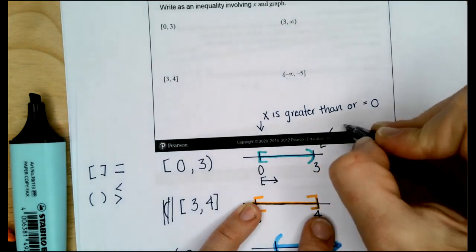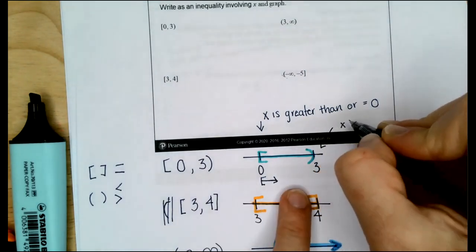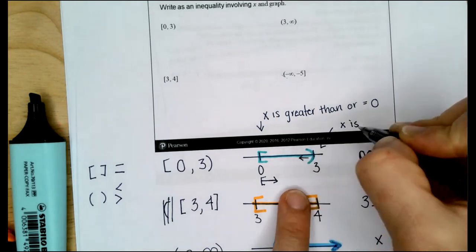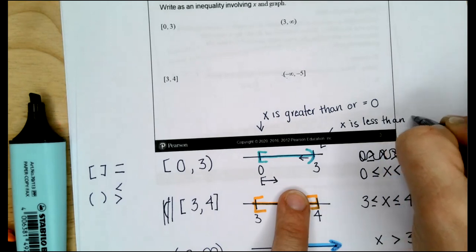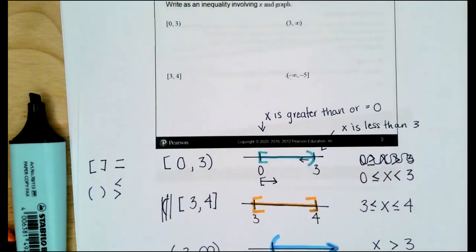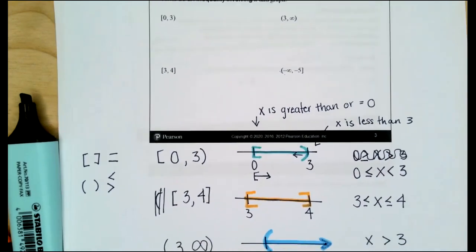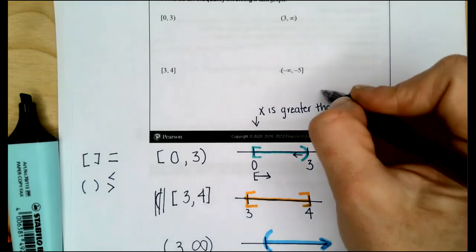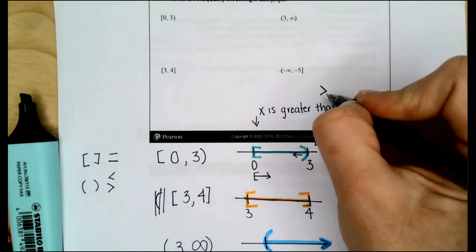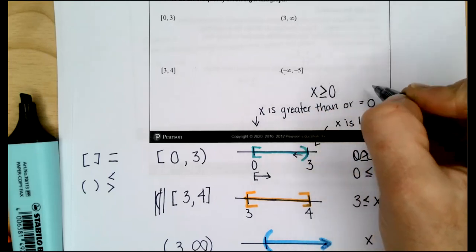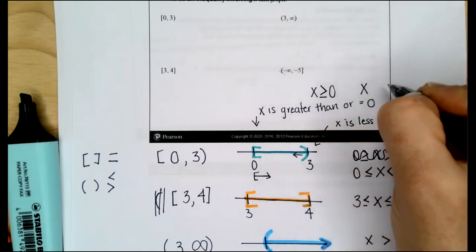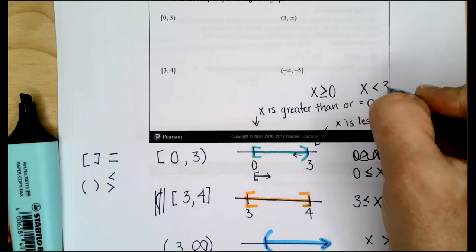And then this part is going to say x is less than 3. So that's another way to think about it. X is greater than or equal to 0. What is the greater than symbol? The greater than symbol is this. So x is greater than or equal to 0, and x is less than 3.